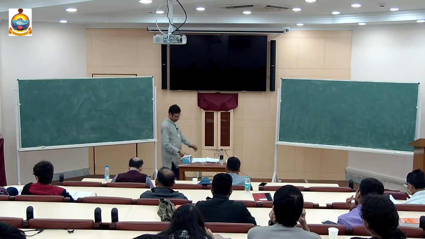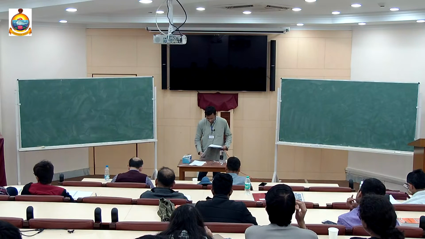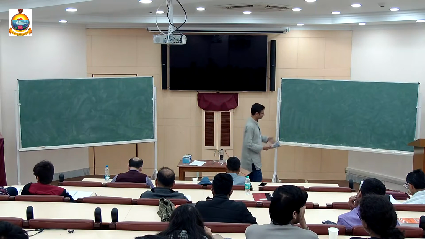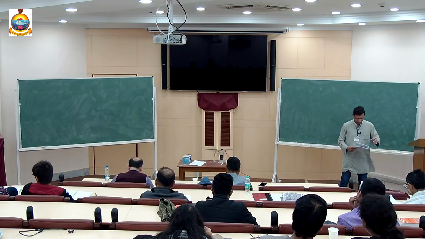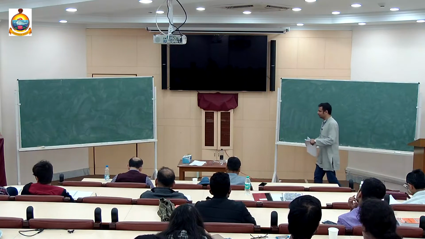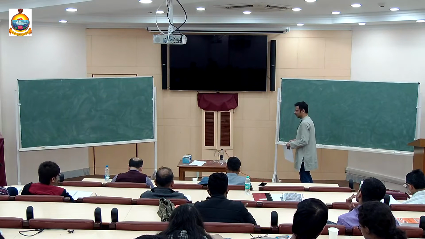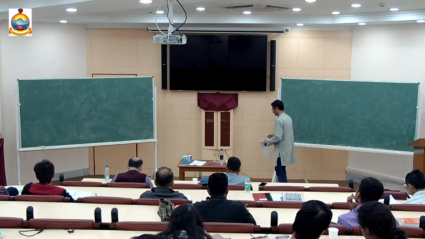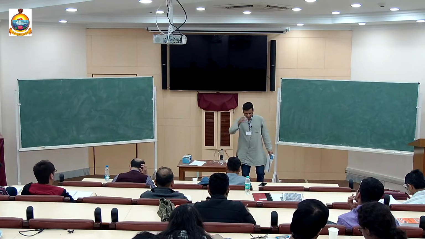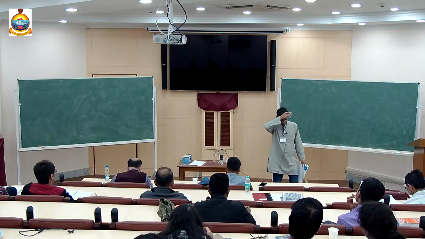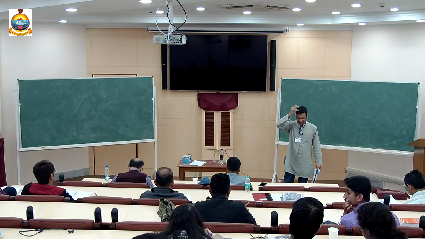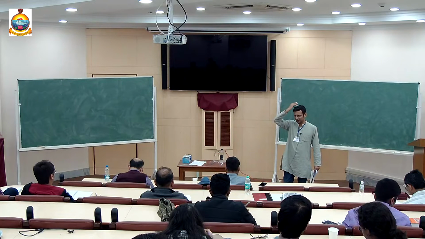Okay, if there are no further questions, let's continue our discussion of the phase transitions. One thing I forgot to mention, which I should mention now, is the following. There was also a question in one of the previous lectures about the Ehrenfest classification of phase transitions.